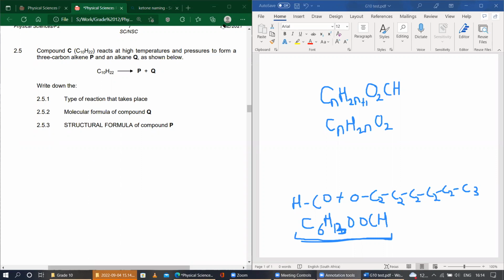As much as I wanna say, what's that thing when you burn something? Combustion, but I don't think it is combustion. So do you know the type of reaction that takes place? Is that cracking, sir? Cracking.